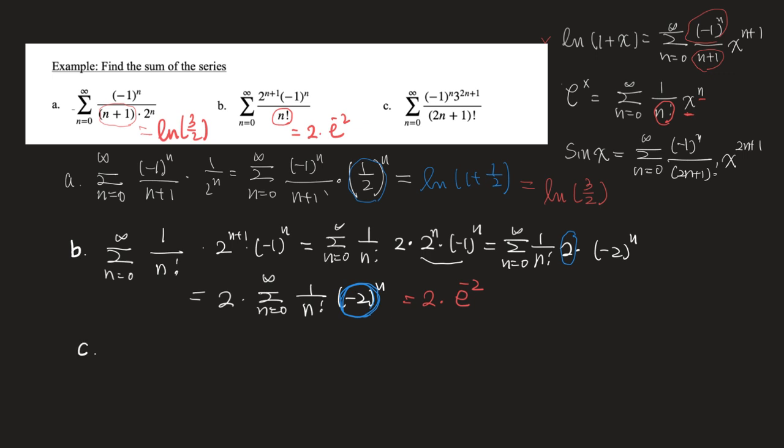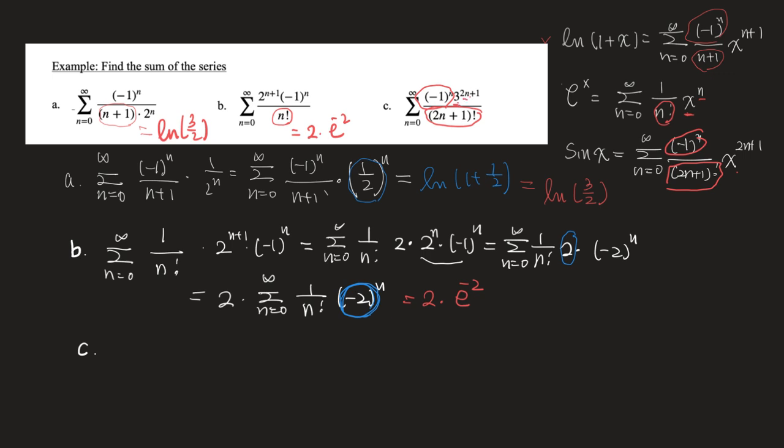Let's do the C part, guys. If you can, stop the video and do it by yourself, okay? So now you check the denominator, 2n plus 1 factorial. That's right here. That's a good candidate for sin x. Top is negative 1 to the n only. That's straightforward. Then 3 is the base.